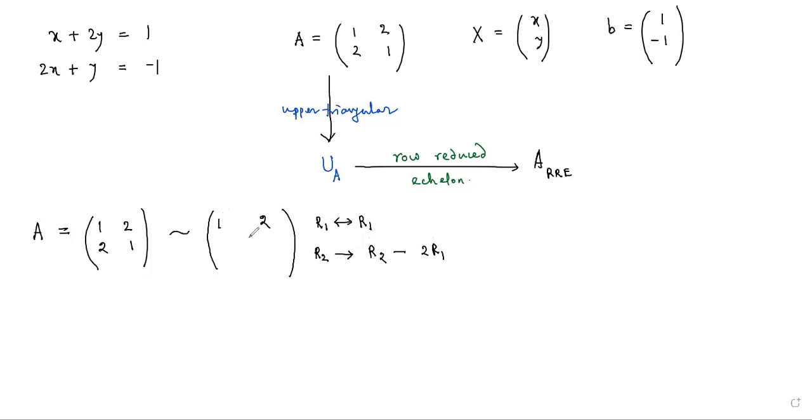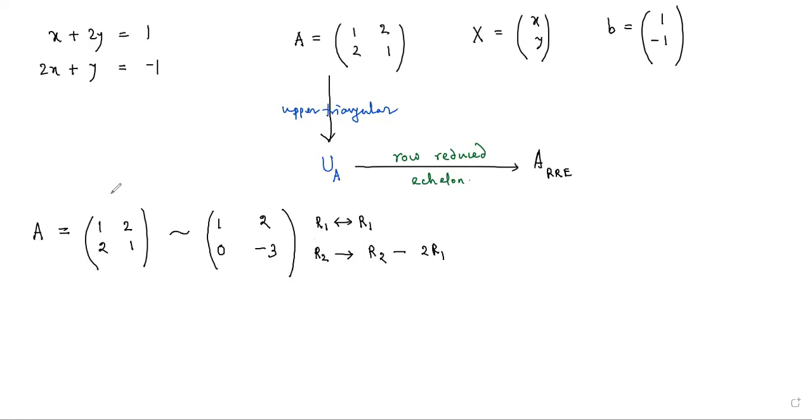So we have this 1 2, and if I multiply the first row by 2, we'll get 2 and 4. So 2 minus 2, that is 0, and 1 minus 4, that is minus 3. So this matrix is of the form of an upper triangular matrix, UA.